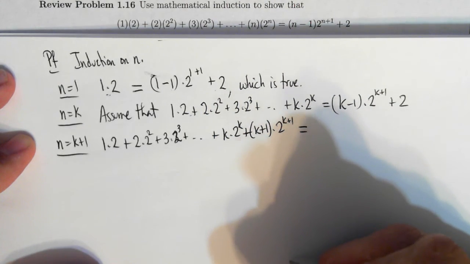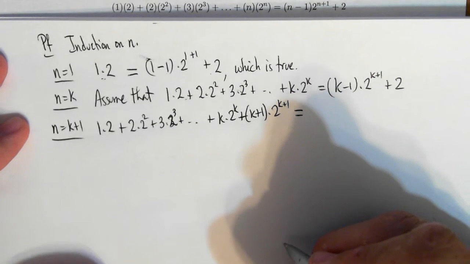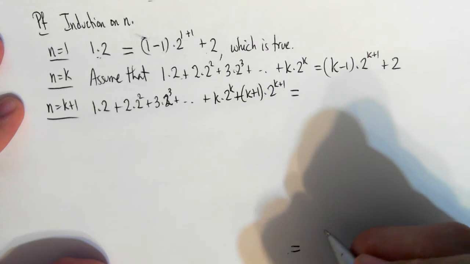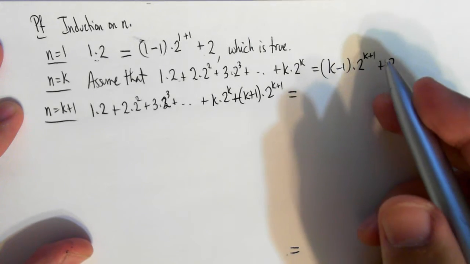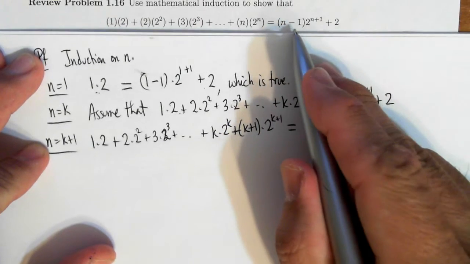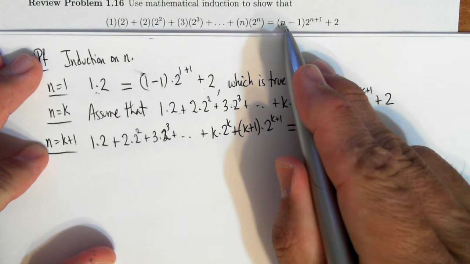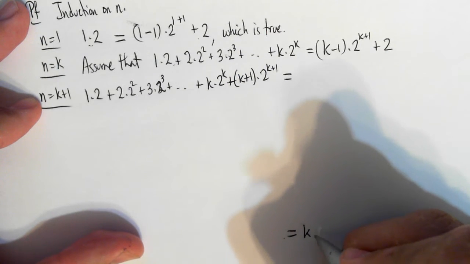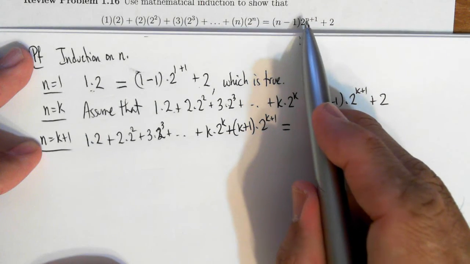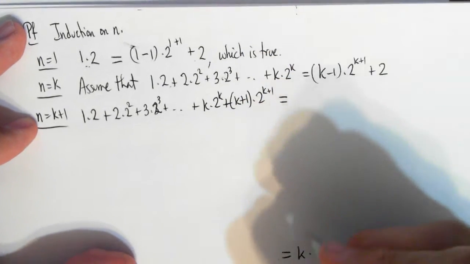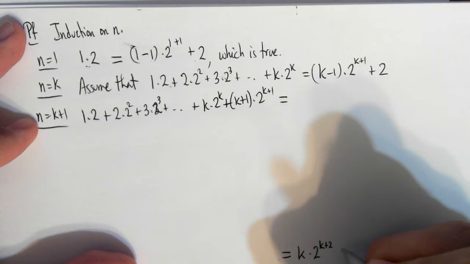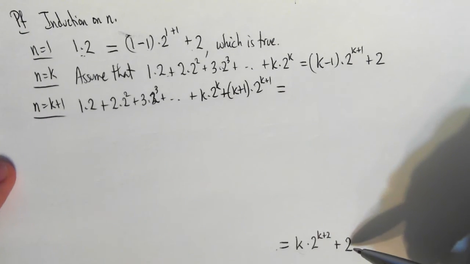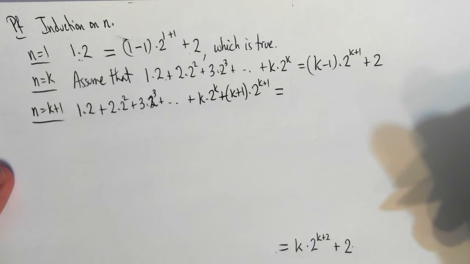My target that I want to show this is equal to is, everywhere I see an n, I replace by k plus 1, so k plus 1 minus 1, so that'll be k, times 2 to the k plus 2, then plus the 2 at the end. So if I can somehow end with this, then I'm done.